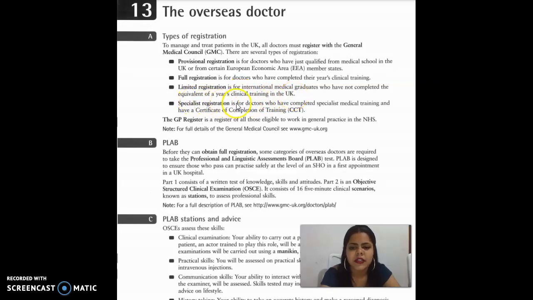Specialist registration is for doctors who have completed a specialist medical training and have a certificate of completion of training. The GP register is a register of all those eligible to work in general practice in the NHS.